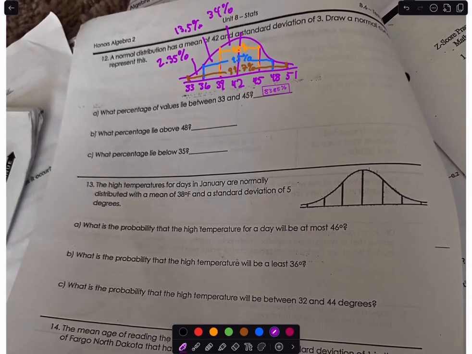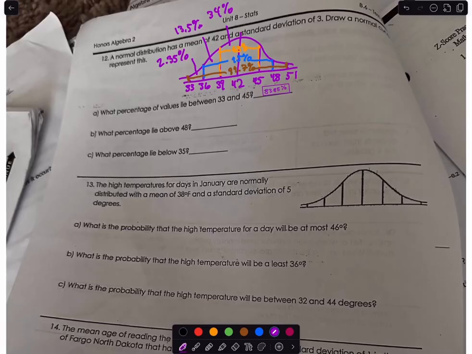Running short on time. Okay. What percent lies above 48? I need that region over there. So if that's 99.7, right, then there's 0.3, so 0.15.